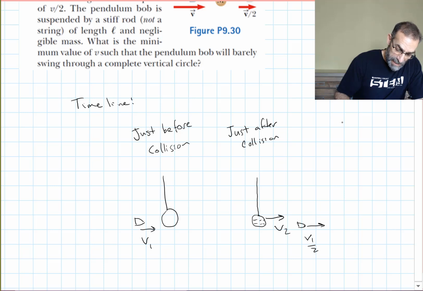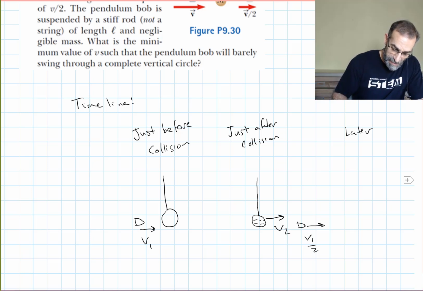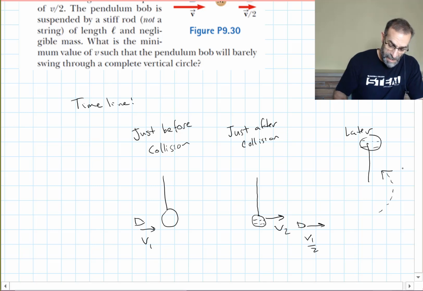And then we've got some later time. The bullet is just doing its own thing. It's still moving at the same speed. We don't really care. And our pendulum bob has swung up to its highest point there.